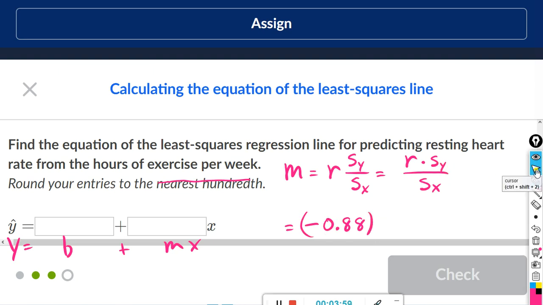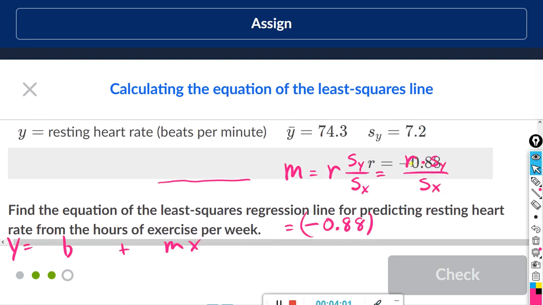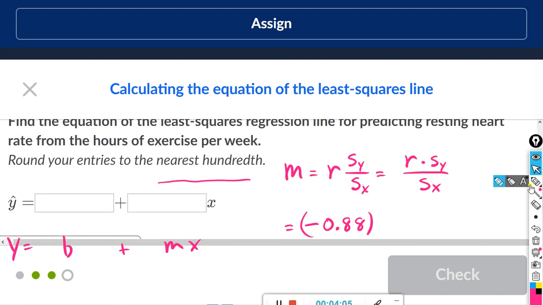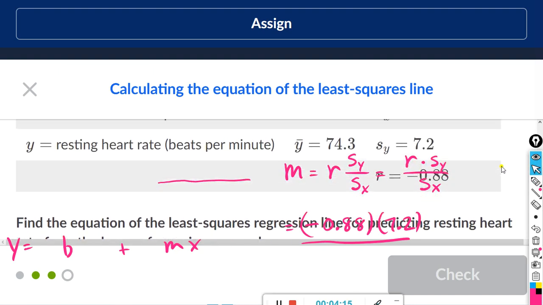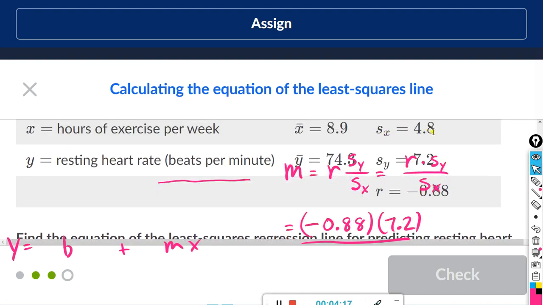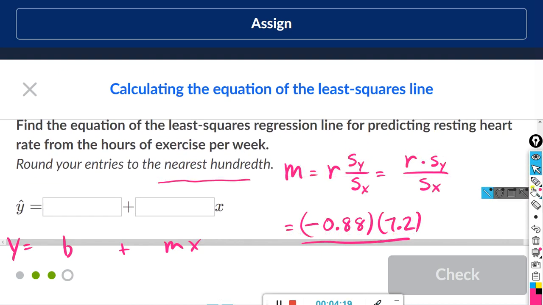Okay, and now for S sub Y, we have 7.2. So in place of S sub Y, I'm going to plug in 7.2. And that's divided by S sub X. For S sub X, we have 4.8.